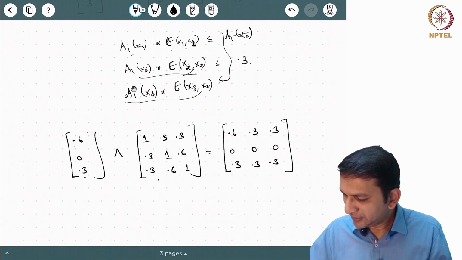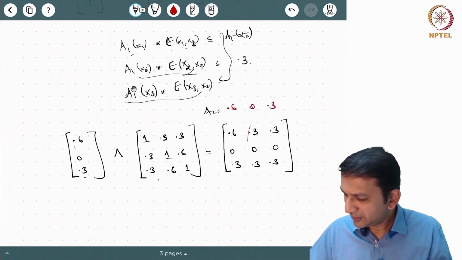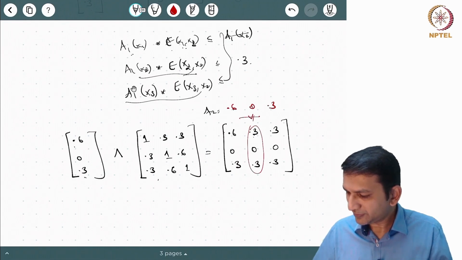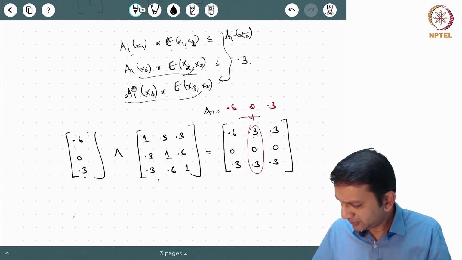Now if you write our A2 here, (0.6, 0, 0.3), it can easily be seen that the max of this is 0.3. They are all not smaller than this.